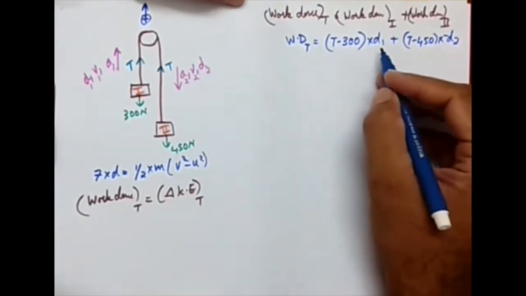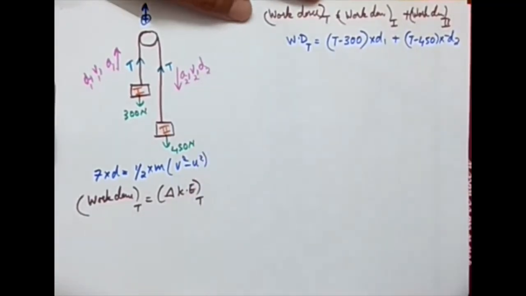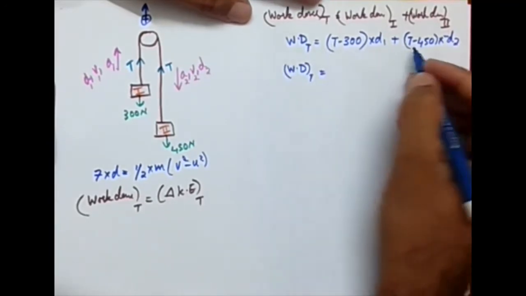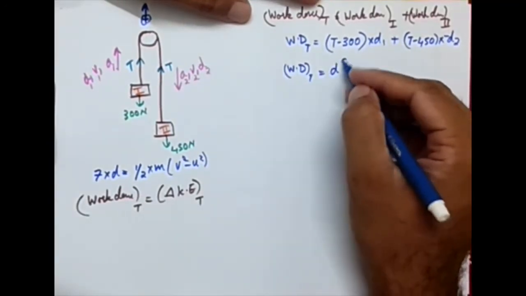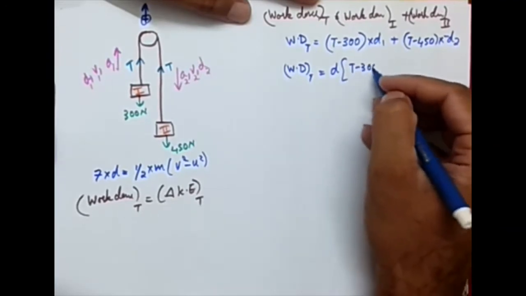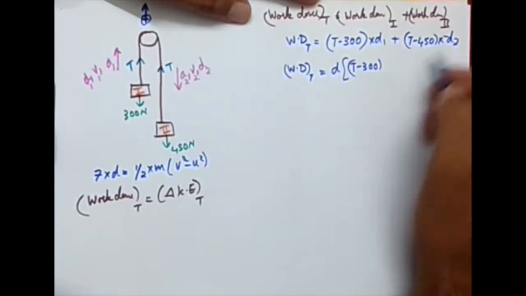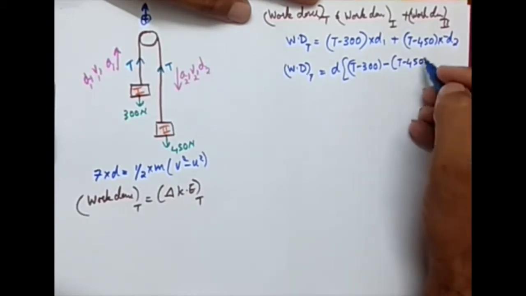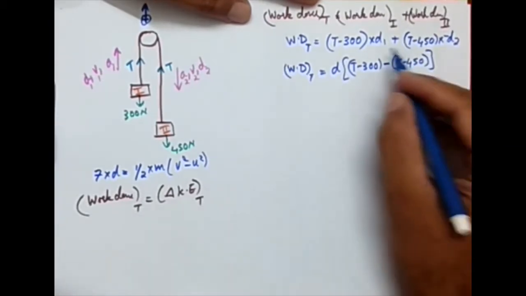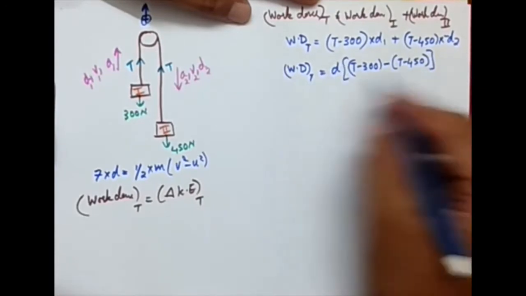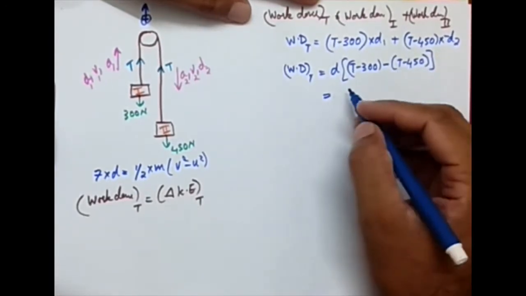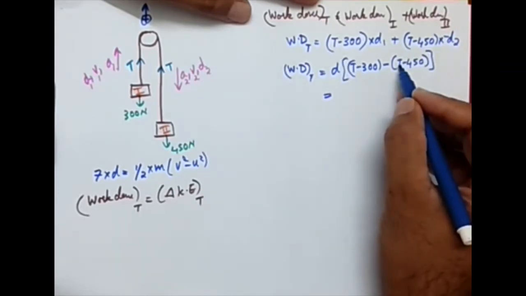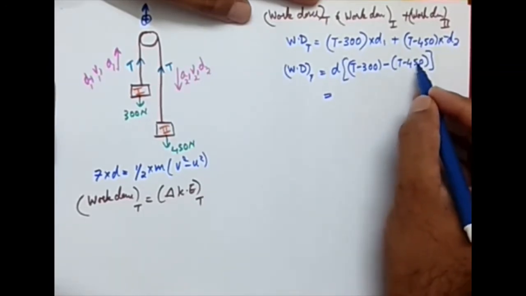We know that D1 is equal to D2 and I'm calling it D. So total work done is equal to D into T minus 300, then there is a minus here, so minus T minus 450. As D1 equals D2 equals D, I'm taking it outside. Here there is plus T, here there is minus T, they cancel out. Minus 300 minus of minus 450.